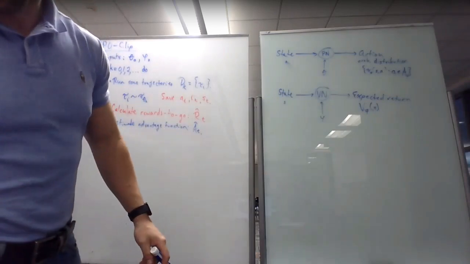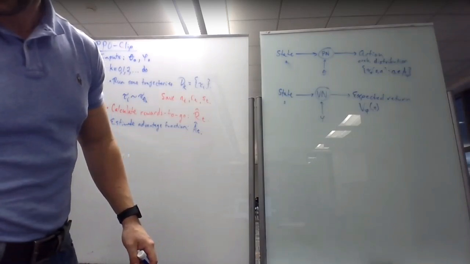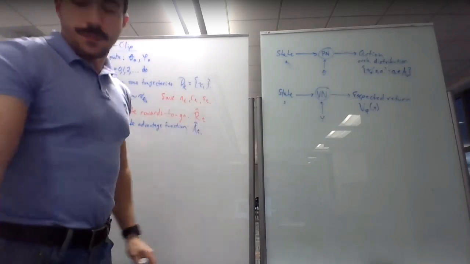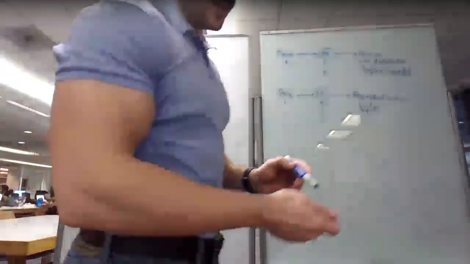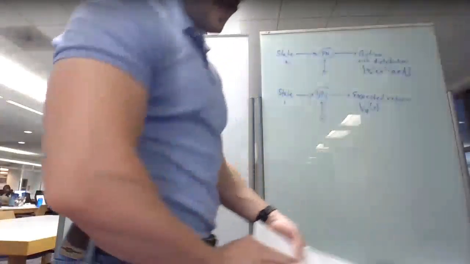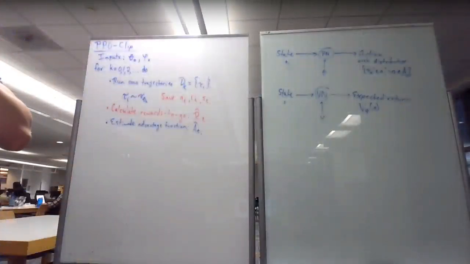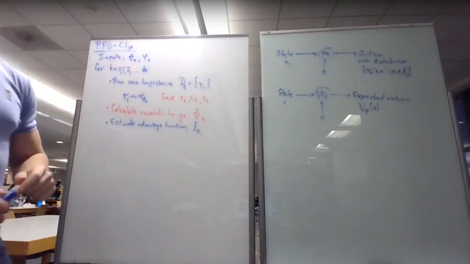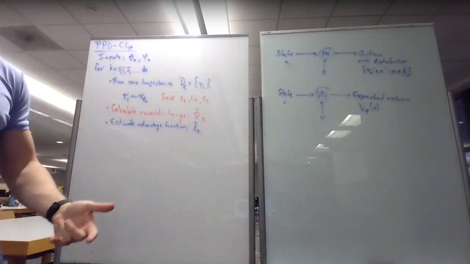So what does this consist of? What is the advantage function, firstly? In some sense, you're running this policy that you got from your parameters theta sub k, and you don't know if that policy is optimal.